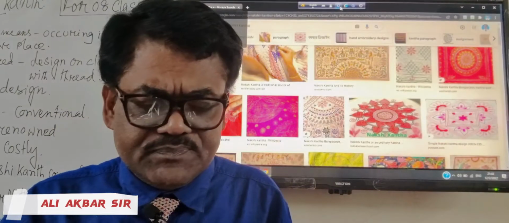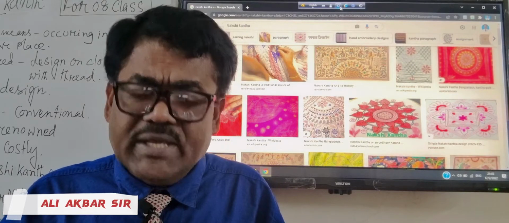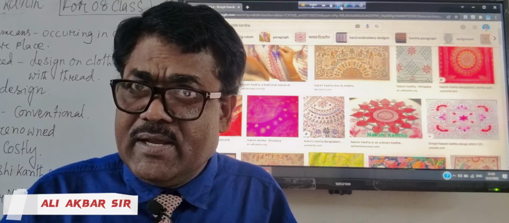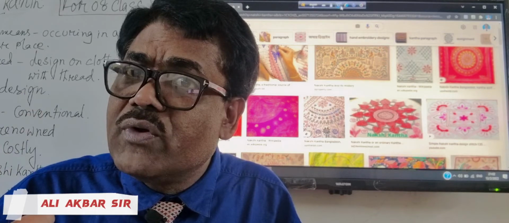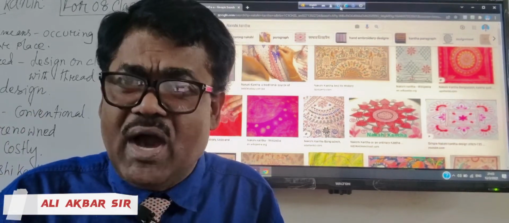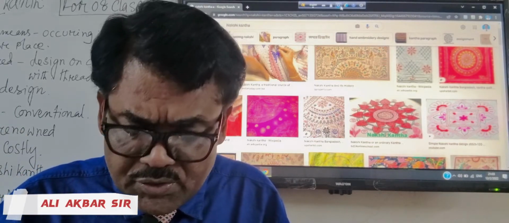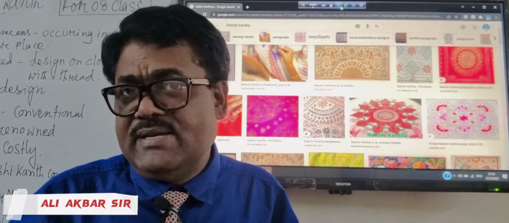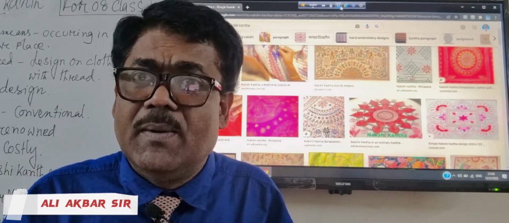Students, traditional kantha is used for family use, and I am telling you about a thing, and this is Nakshi kantha. Do you know which districts are famous for Nakshi kantha? Yes, Bangladesh and West Bengal are famous for Nakshi kantha.